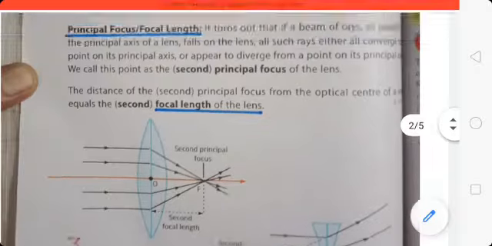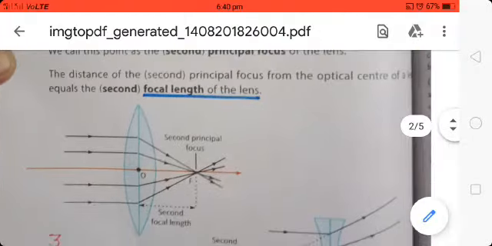You can say from here, the distance between O and F is called the focal length. The distance of the principal focus from the optical center is called the focal length.